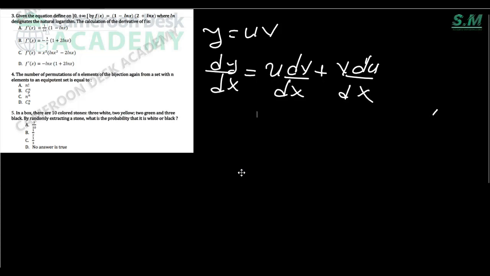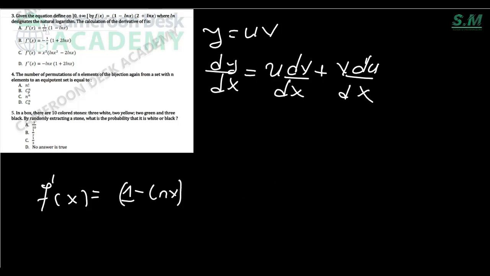So let's get started with the derivative of this function. f prime of x will be equal to, we'll keep 1 minus the natural logarithm of x constant.